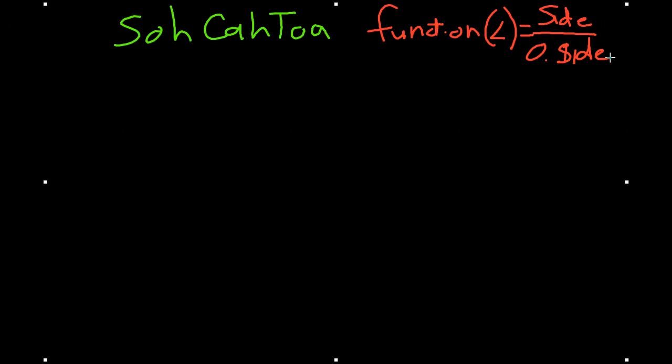Again, excuse my errors. The function of the angle equals side divided by other side. Now SOHCAHTOA shows the relationship between the angle of a right triangle and the sides of the right triangle.